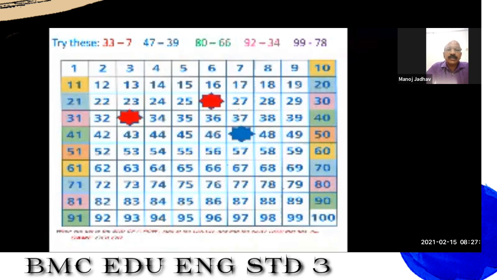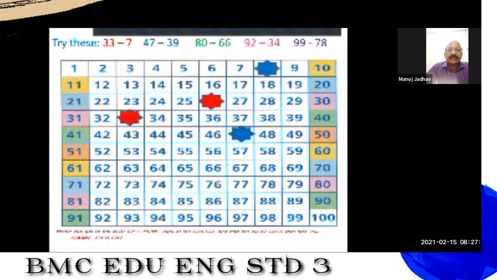So step by step, we are going to subtract 10. 47 minus 10, 37. 37 minus 10, 27. 27 minus 10, 17. And then after 1, 2, 3, this way, it's 8. The answer is 8. Understand, children?